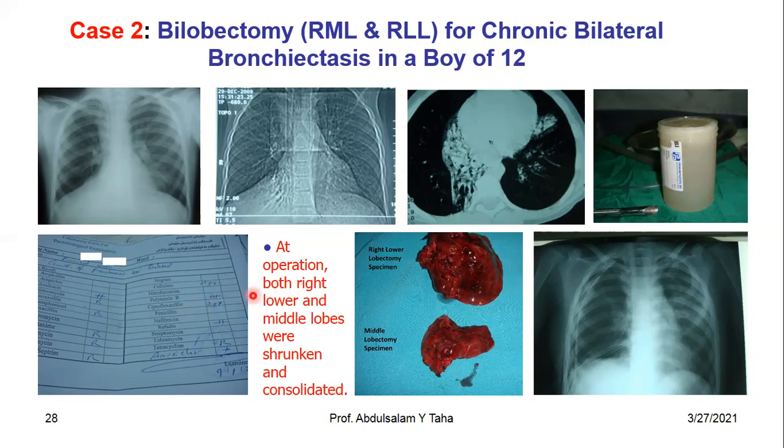At operation, the right middle lobe and the right lower lobe were found to be shrunken and consolidated. Therefore, a decision was made to perform a bilobectomy of the right middle and the right lower lobes, and the patient had a good recovery, and that was the early post-operative chest film.